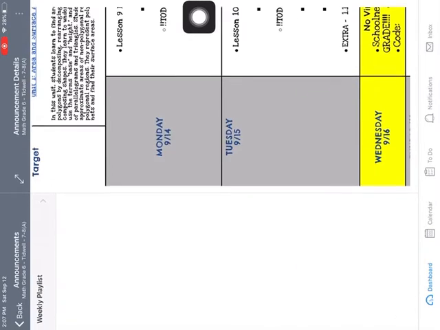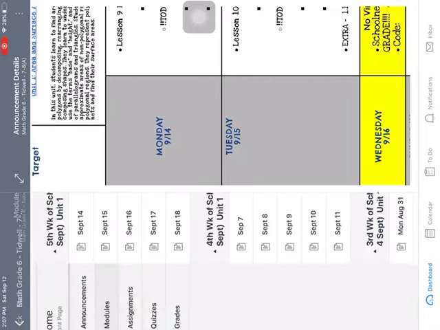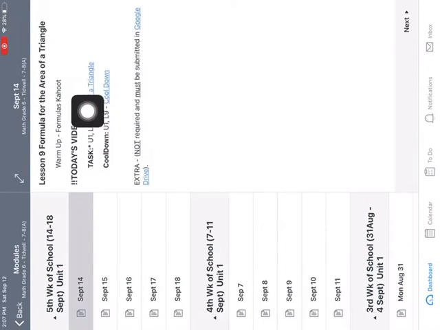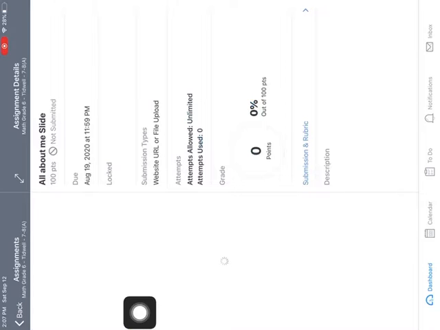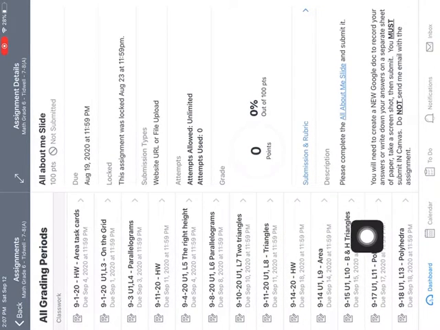So I've got several ways I can get to this. I can go to modules and go to today's date, September the 14th. I can click on it here. That will absolutely work. I could also go to assignments and find the correct assignment for today, September the 14th.